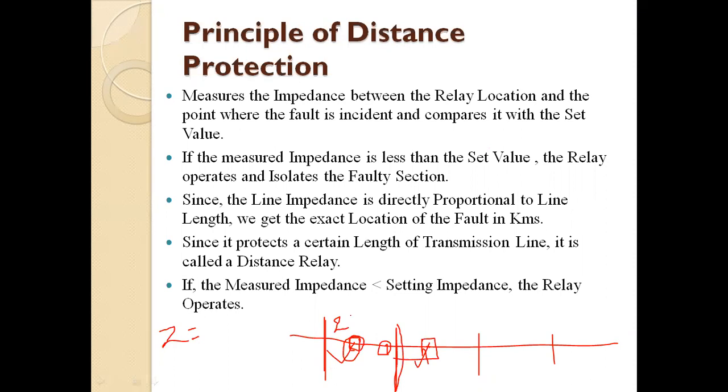When we consider over current relays, we set some current value so that at this much current your relay will start operating. Just like this, here also the impedance is set. If the value of the impedance is less than the set value, your relay will operate and isolate the faulty section.